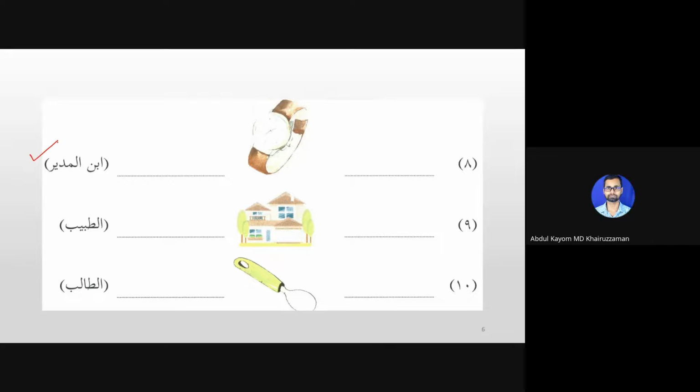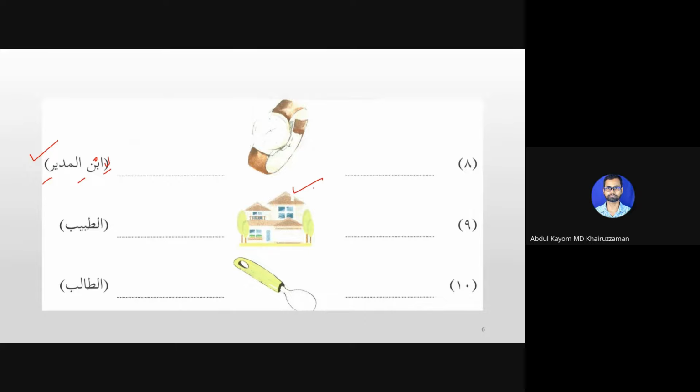Suppose it belongs to the principal's son. Hazihi sa'atu li ibnil mudiri. لابن المدير. If I add li here, it becomes libnil mudiri.